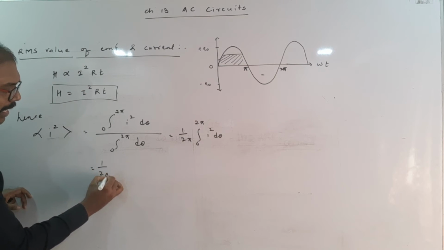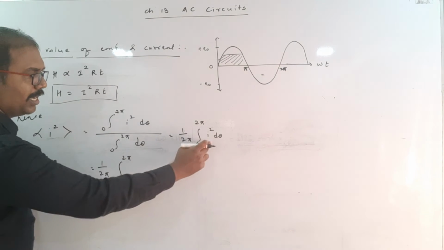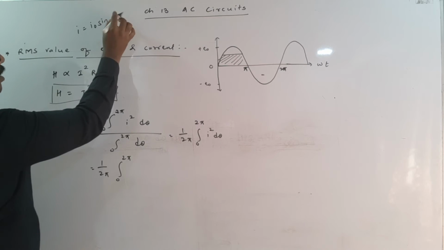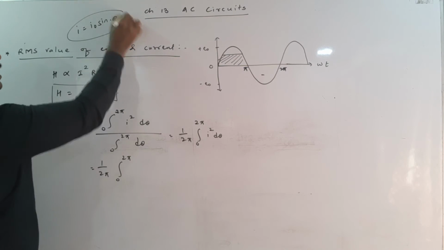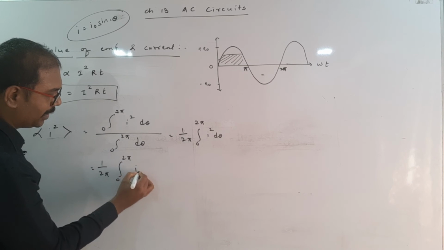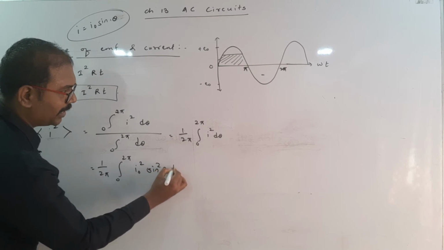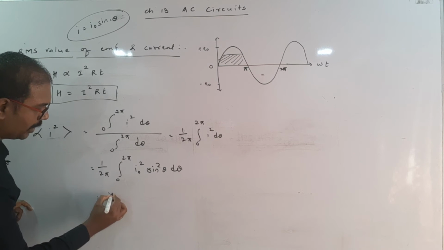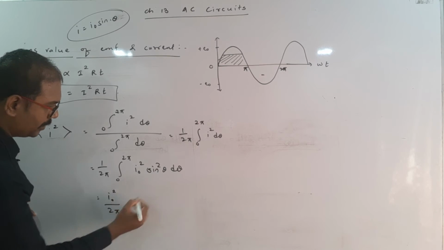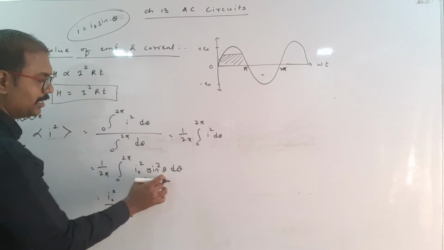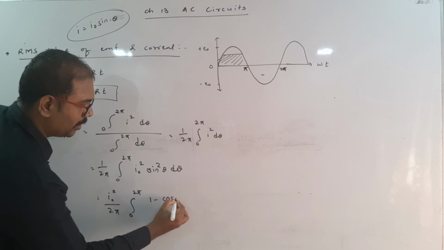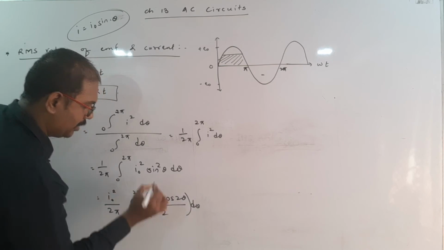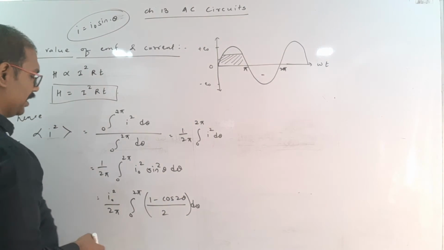Now 1 upon 2 pi as it is, and in this integration 0 to 2 pi, you know that I is equal to I0 sine omega t, or instead of omega t I can write theta. Then I will get I0 square sine square theta d theta. I0 square also we can take outside: I0 square divided by 2 pi, then integration 0 to 2 pi of sine square theta, which I can write as 1 minus cos 2 theta divided by 2, into d theta. Now we can separate this integration and solve it.